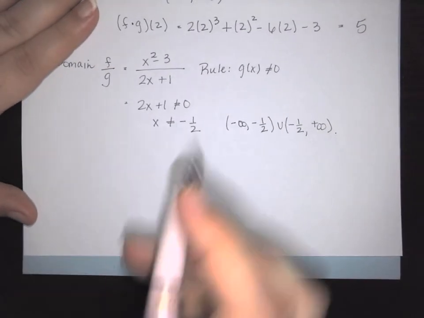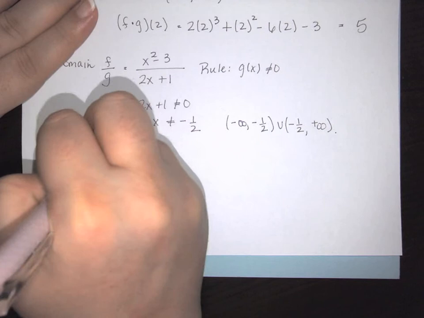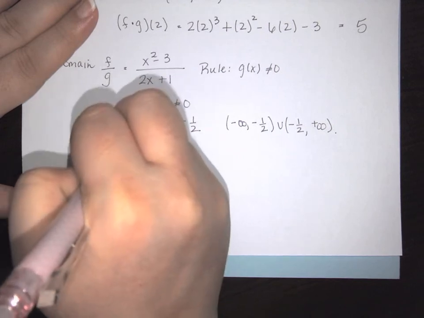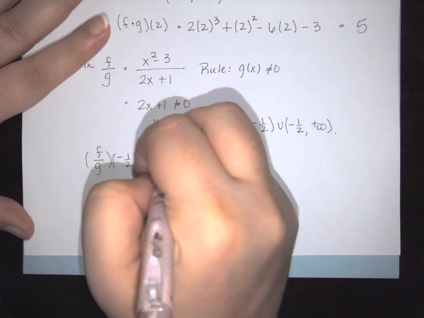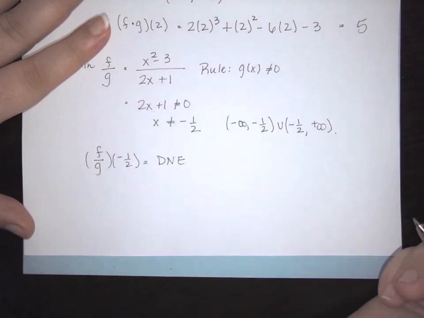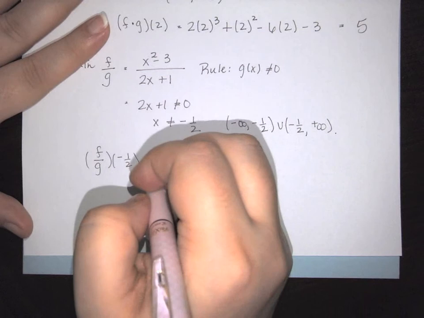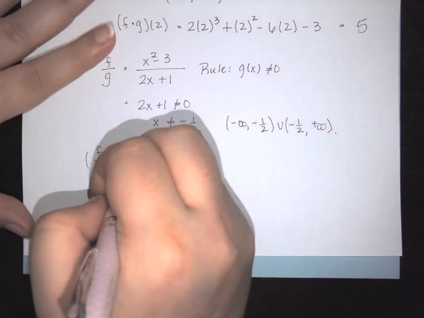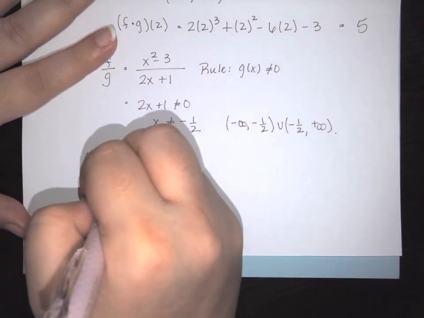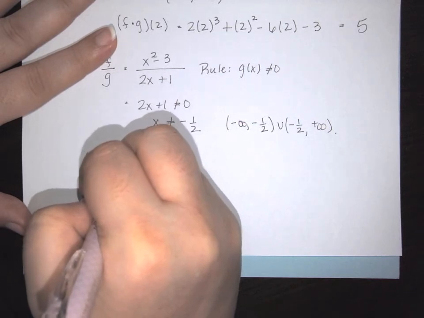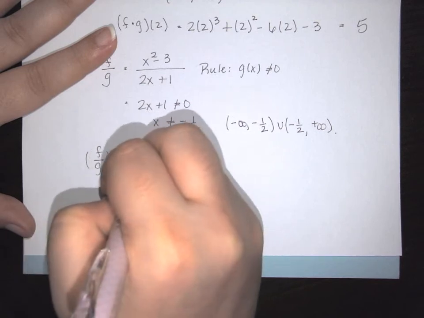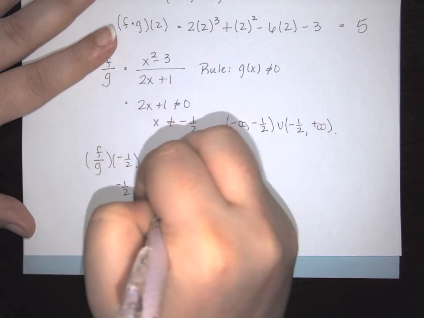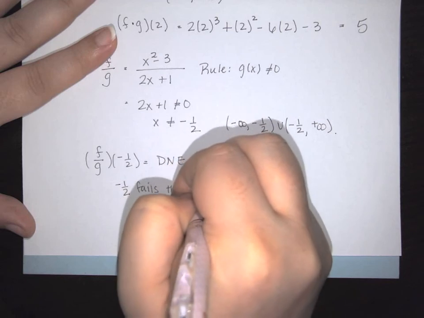Now the reason this is so important is because I wanted to evaluate by negative 1/2. So if I wanted to do f divided by g and evaluate by negative 1/2, in this case, this does not exist. And the reason is because negative 1/2 essentially fails the domain.